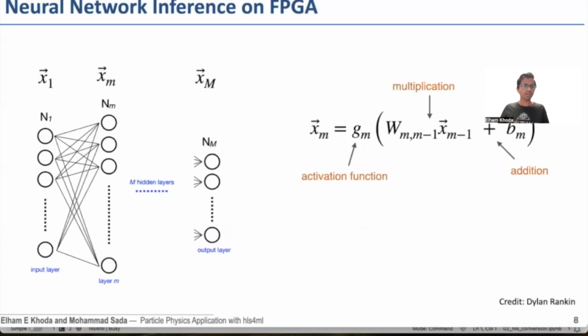Since we're going to talk about neural network operations on the board, let's highlight how we can do a neural network computation on an FPGA. Just to be very clear from the beginning, we are not going to train a neural network on an FPGA.